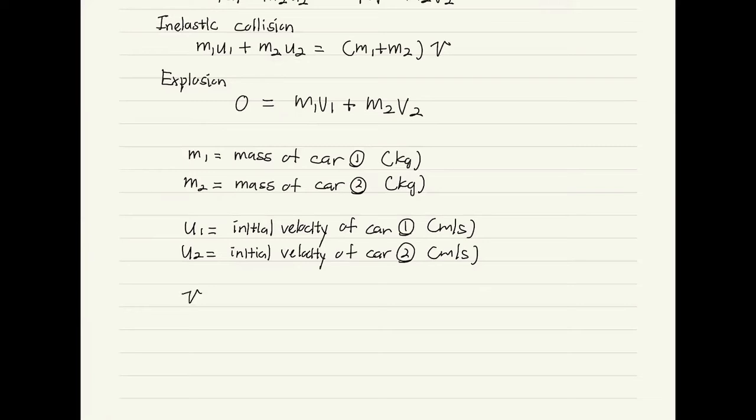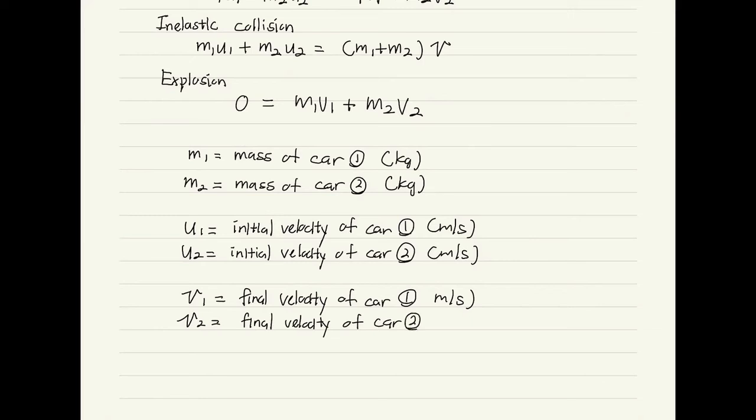Then v1 is final velocity of car 1, meter per second. v2 is final velocity of car 2, meter per second. The last one is v. v is common velocity of car 1 and 2 together with the unit meter per second.